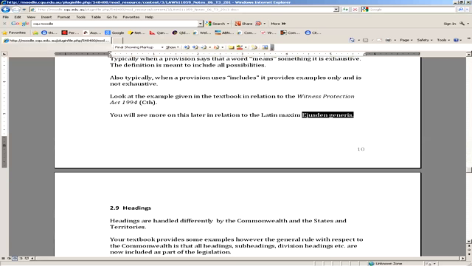And ejusdem generis is the idea that a definition will be inclusive. It includes, the general might include the specific. And we're going to come back to that in due course.